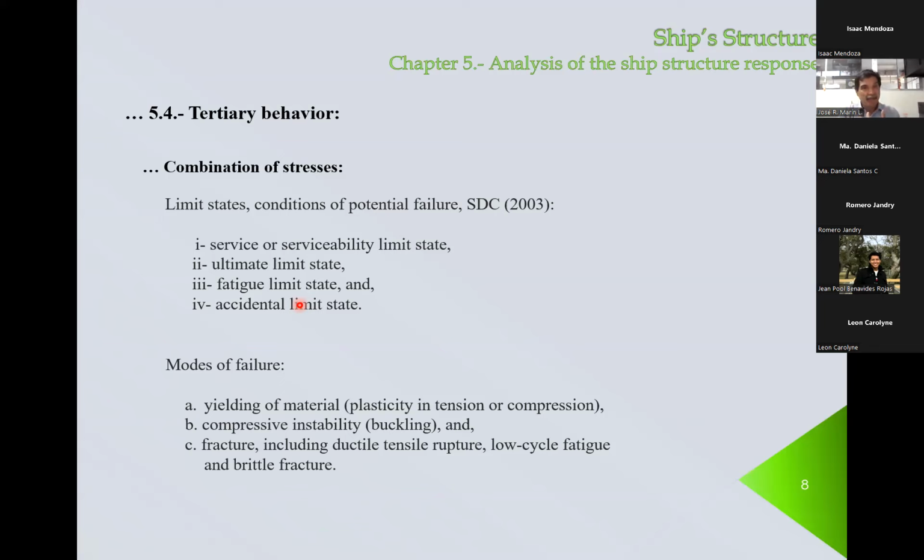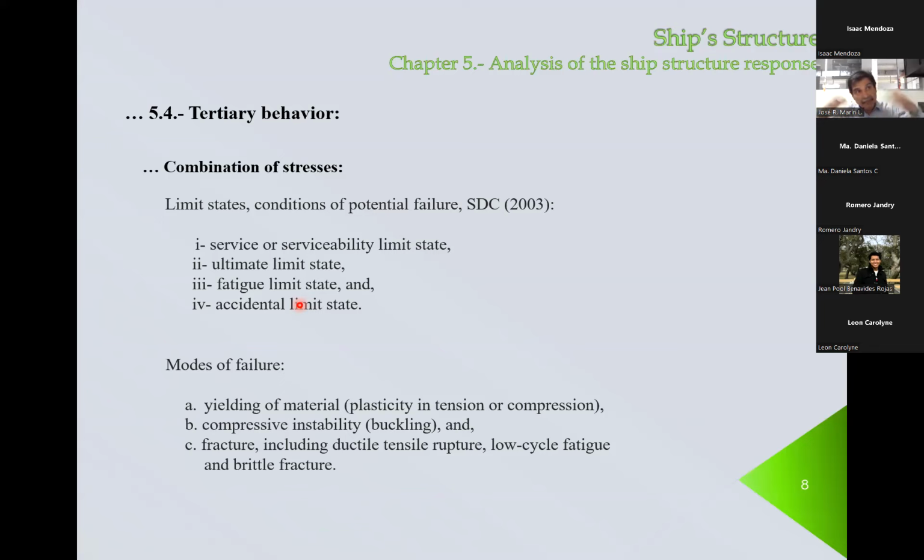The stresses are below the yield point. There is no buckling. There is no fracture. The problem is that there is a lot of deflection. So some authors include the lack of stiffness in the modes of failure, but I just looked it up in the ship design construction book, and they didn't consider that.